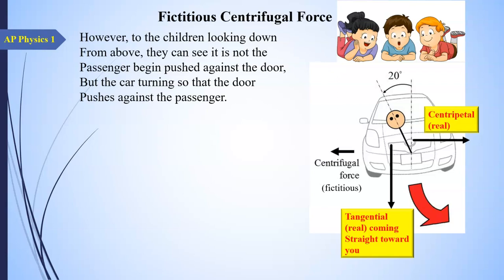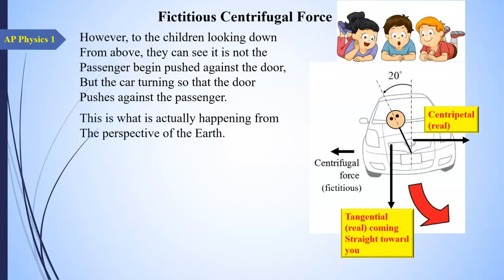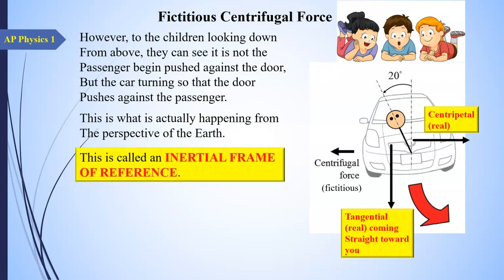Okay, so that's called the inertial framework. So this is what is actually happening from the perspective of the Earth, and this is called an inertial frame of reference. So an inertial frame of reference is the actual forces being put on that person, not the fictitious centrifugal force that that person sitting in the car thinks is being put upon him.